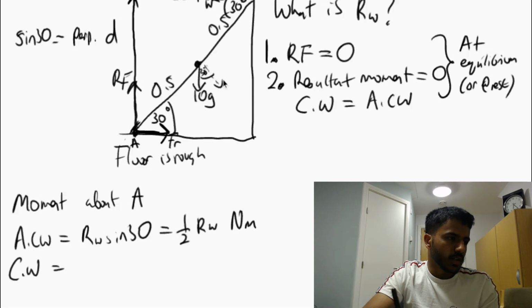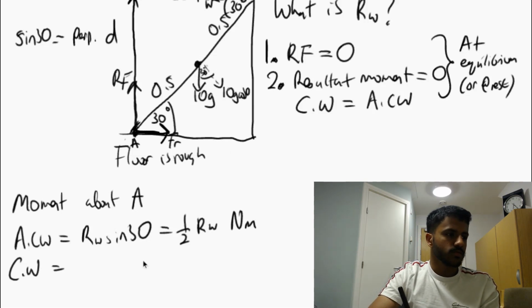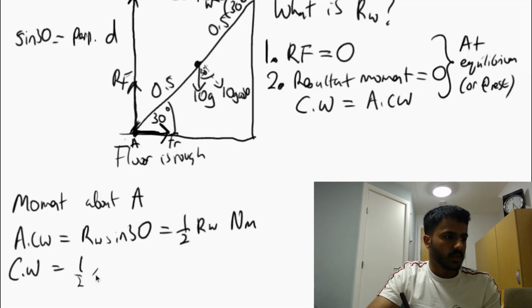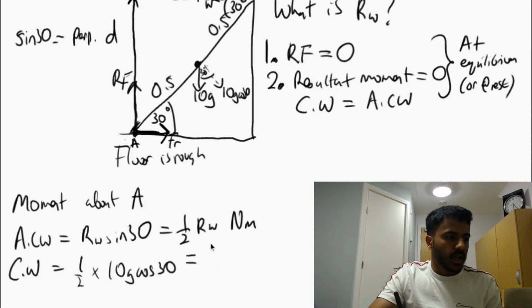So if I wanted to find this component of the force, well, I'm moving it through the angle this time. So this component is therefore 10g cos 30. So the total moment of the weight is a half times 10g cos 30, which is 10g times root 3 over 4.